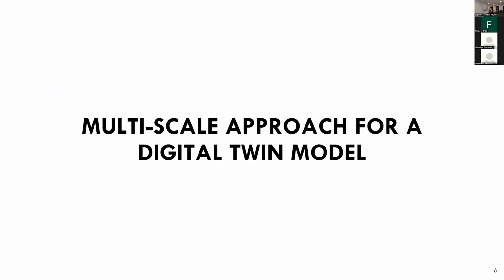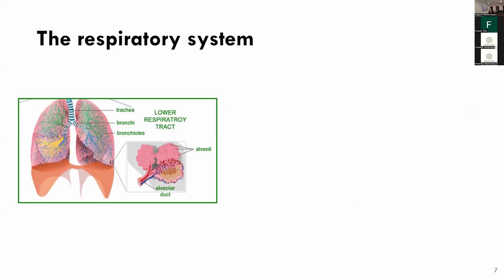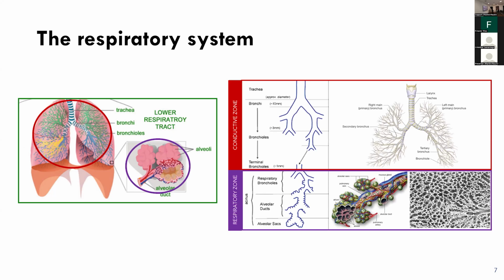Let me go through the first part, the organ level. As all of you know, the respiratory system has a complex geometry, mainly formed by three main parts: the upper, middle, and lower parts. In particular, let me go through the conductive and respiratory zones.